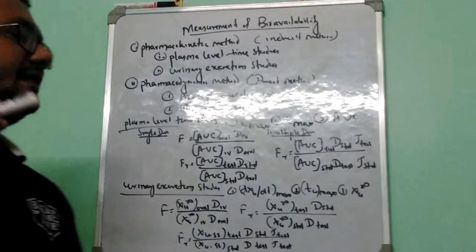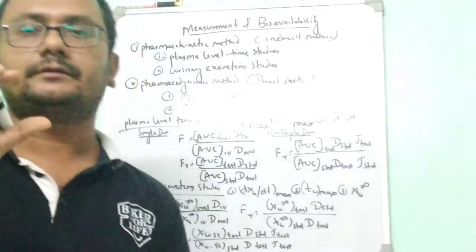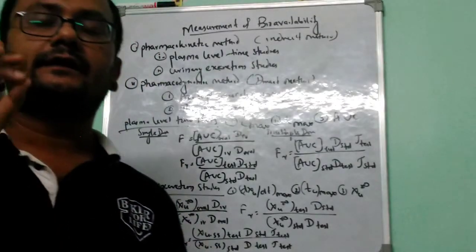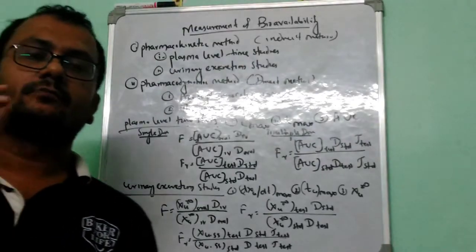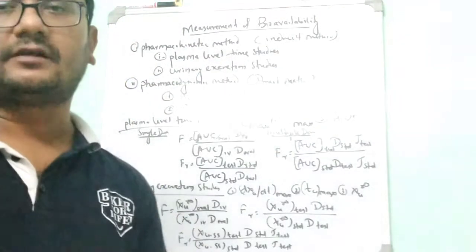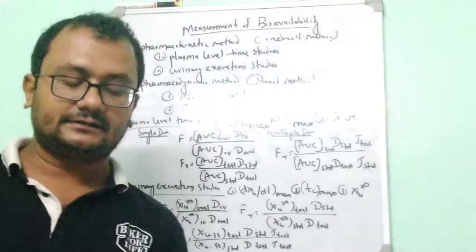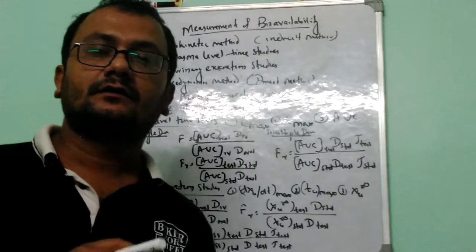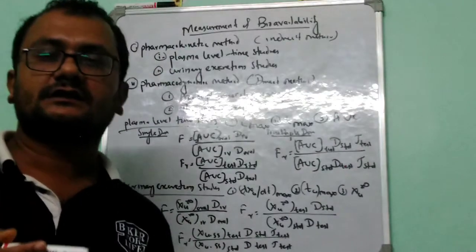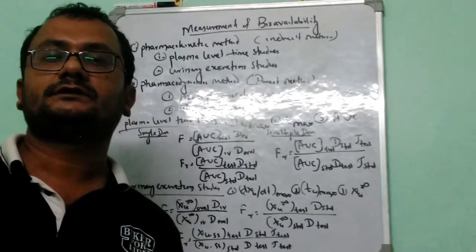Generally, when we are going to start the bioavailability study, we need to take different types of volunteers. Without human volunteers, we cannot perform bioavailability studies. For that, we need to take different types of parameters, different types of dose. The first thing is whether we are going for single dose studies or multiple dose studies.